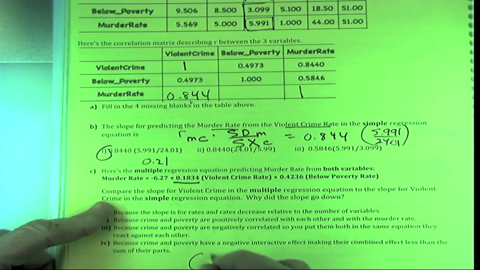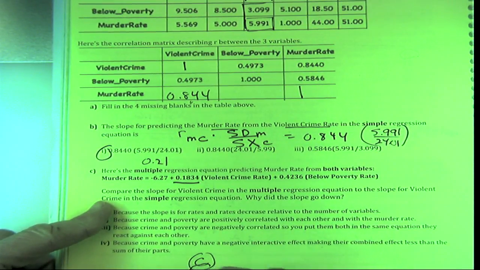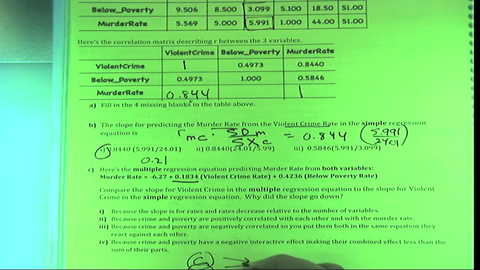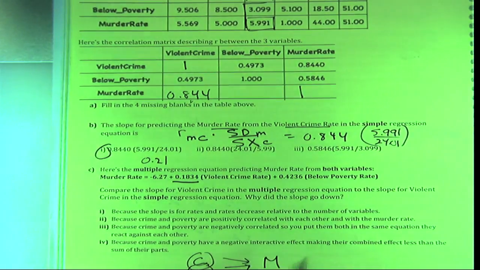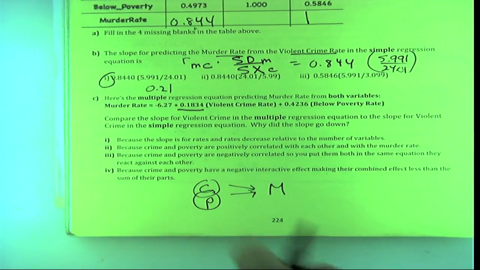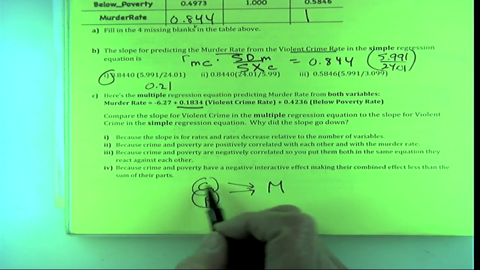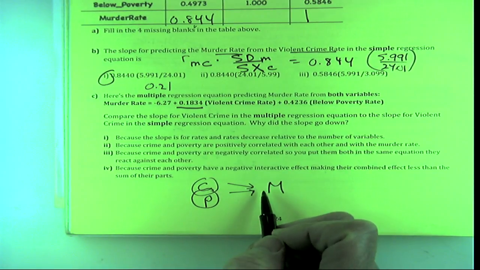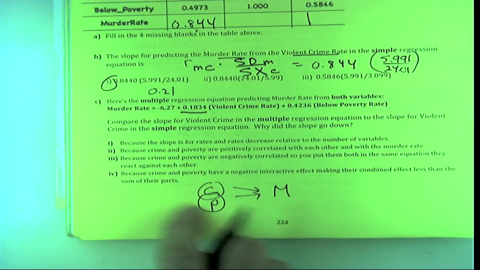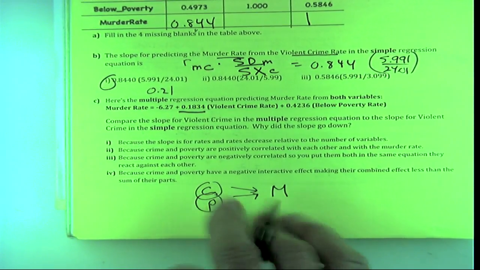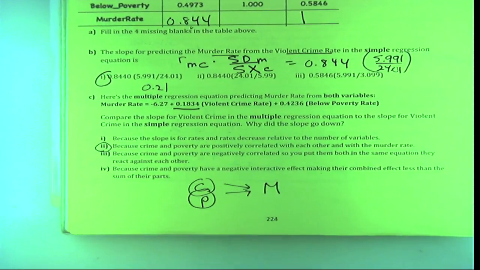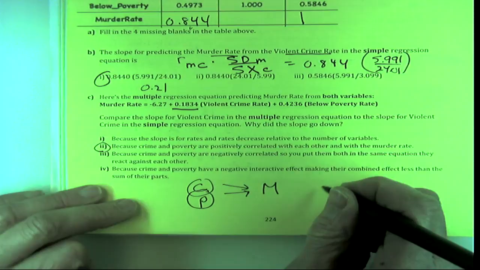Crime has an overlap with poverty, and they're both predicting murder. When you combine them, in the multiple regression we're only looking at the part of the crime that predicts murder after we've controlled for the poverty, and vice versa. And they're all positively correlated, so that's why it went down. So it's this one. All right, if they were uncorrelated, they'd stay the same.